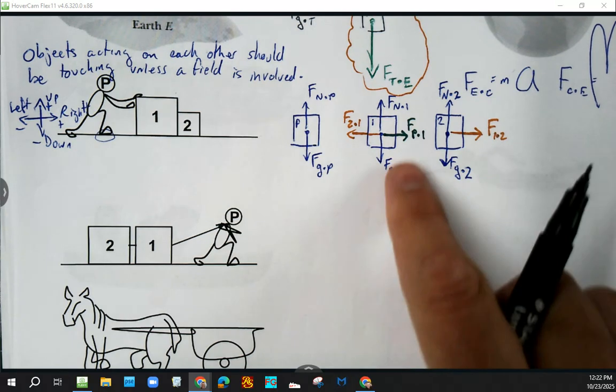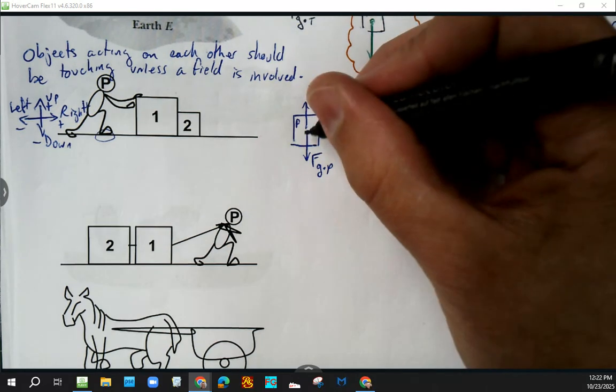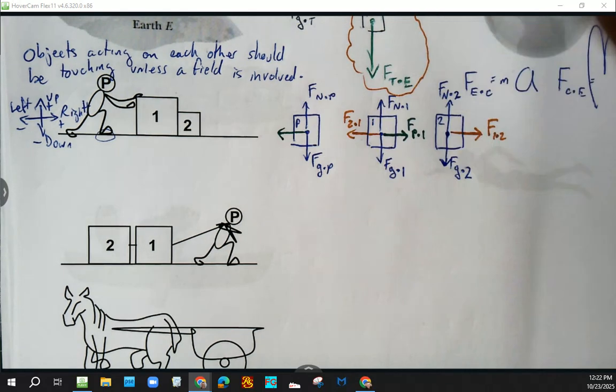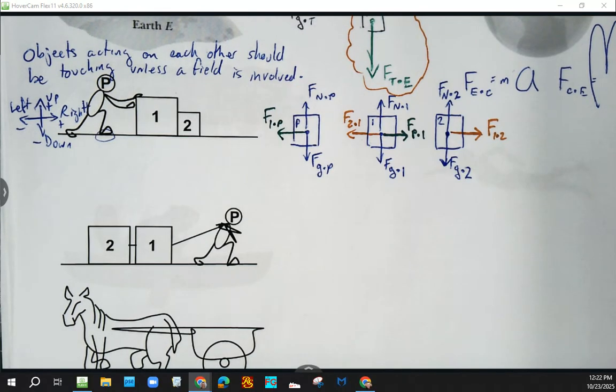But if there's a force of person acting on 1, what's the other half of that action-reaction force pair? Yeah, the force of 1 acting on the person, in the opposite direction. See how they come in pairs? Equal but opposite, never attached to the same object, always opposite direction, always equal in size.